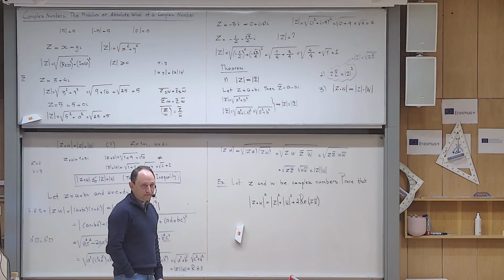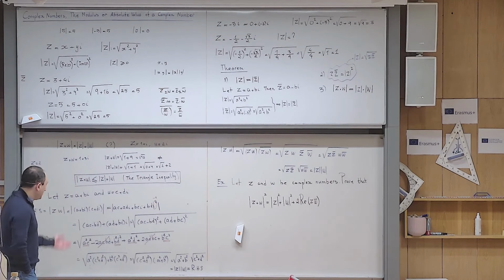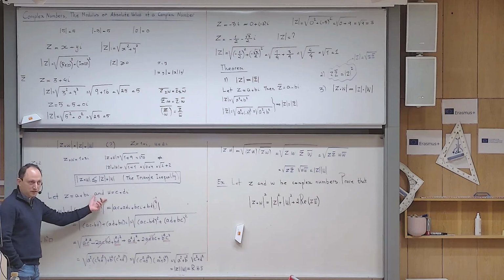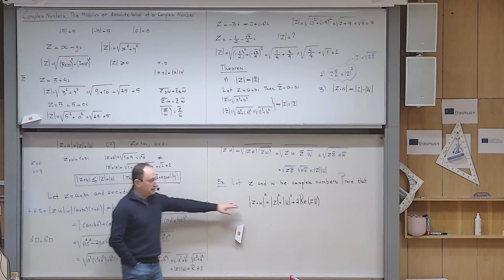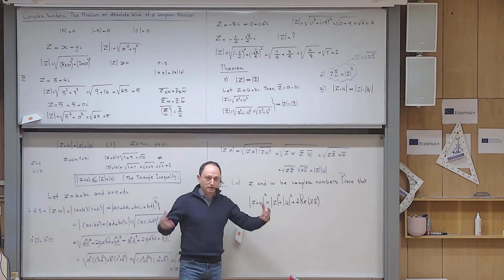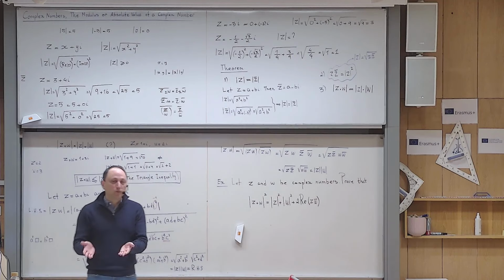Yes? Like the absolute value of z squared. Yeah, taking this method. In principle, you say let z be this and w be this, and then you calculate the left-hand side, put it aside, calculate the right-hand side, put it aside, and then compare it.